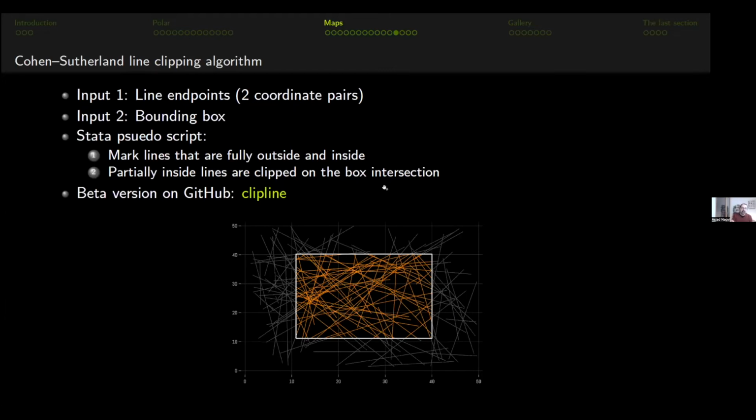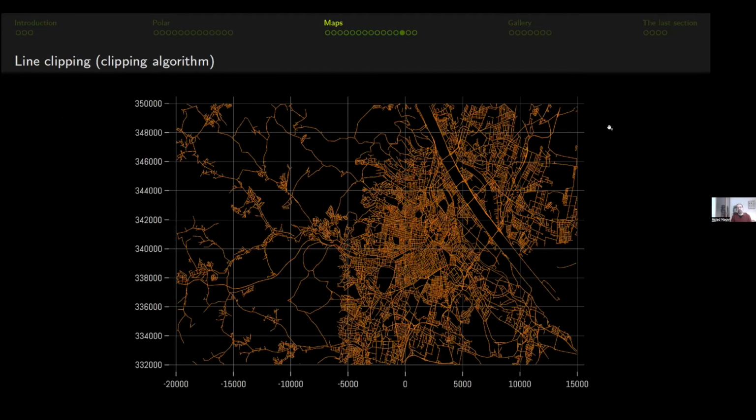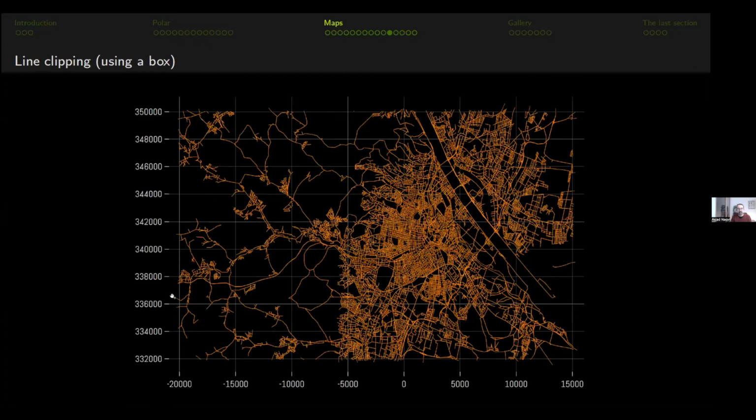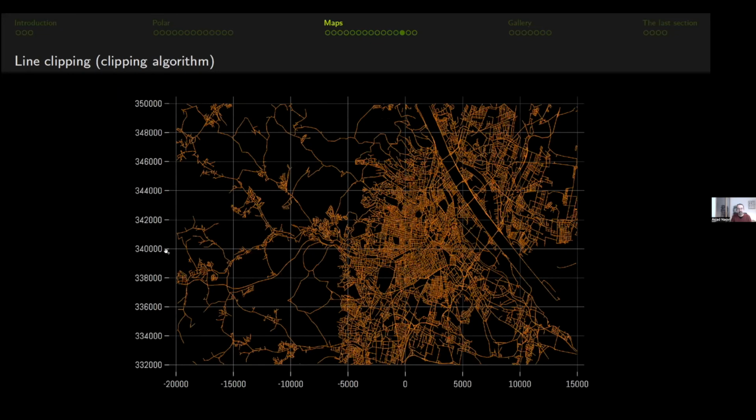Using this script, one can also clip the road files. Here you can see that this is now fully clipped, so nothing is sticking out. If I could quickly compare, you can see these small hairs sticking out, and these are now gone. So what you have is a box which is fully contained.